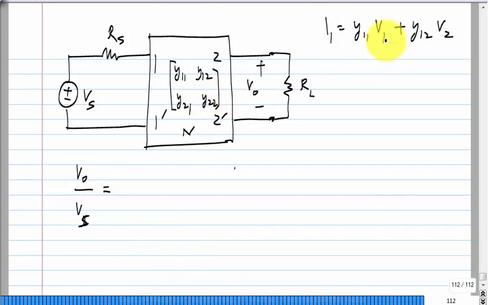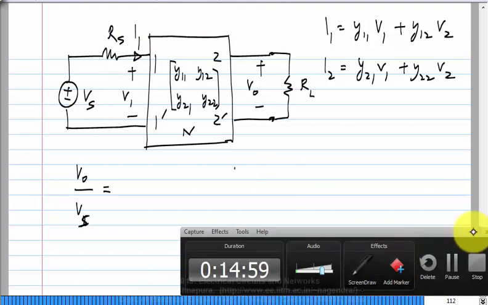When Y parameters are given, these are the equations, right? V is the independent variable and I is the dependent variable. It is like the conductance, that's all. And then we have V1 and I1 here.